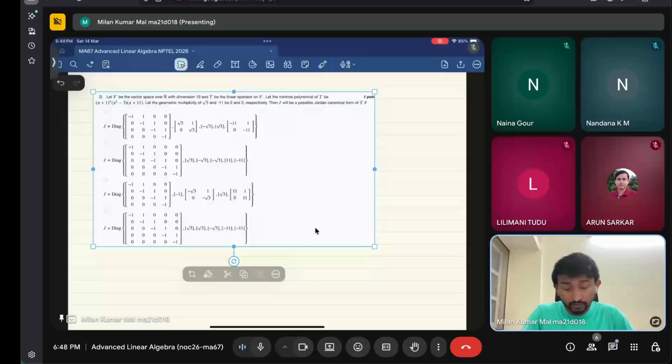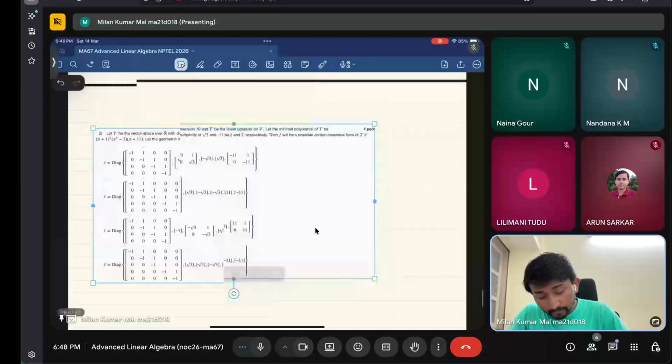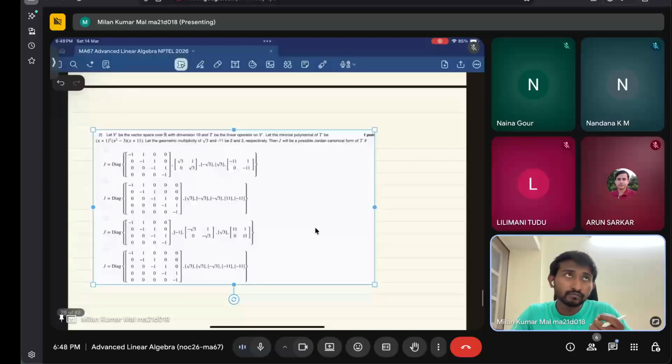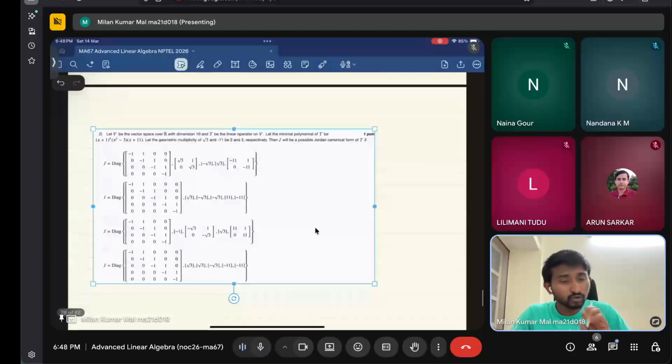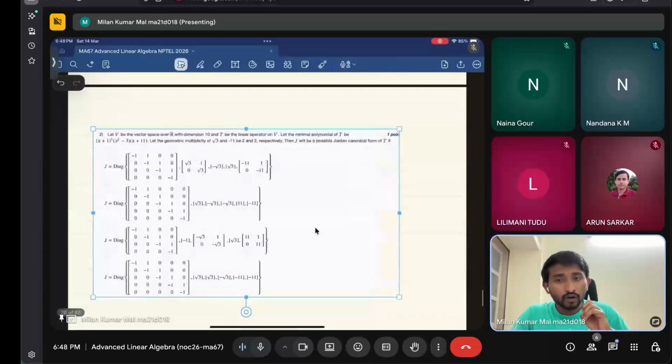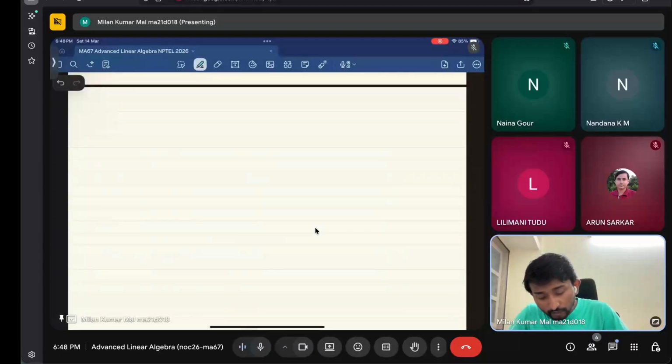So let's go to the Jordan canonical form first, and then I'll come back to this. Now let's come to the Jordan canonical form. I will not explain how the Jordan canonical form comes, but I'll explain some facts or rules. Those rules are based on very strong theories of linear algebra, but I'll only be briefing those theorems.